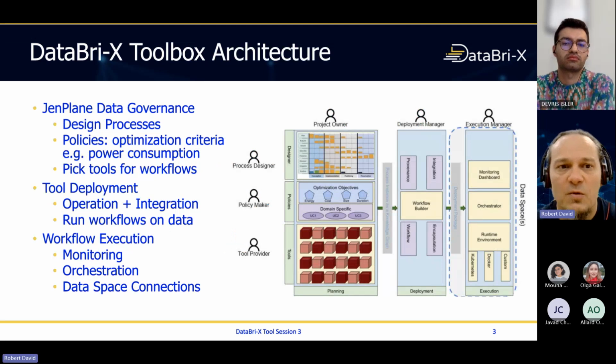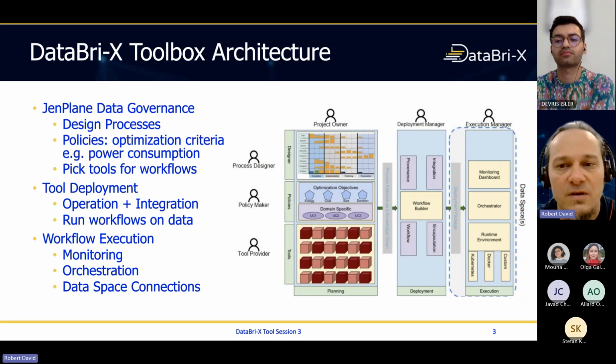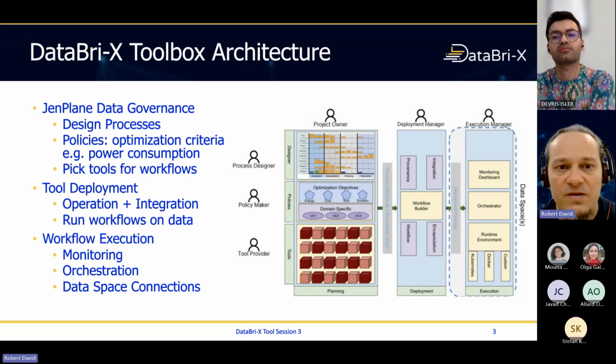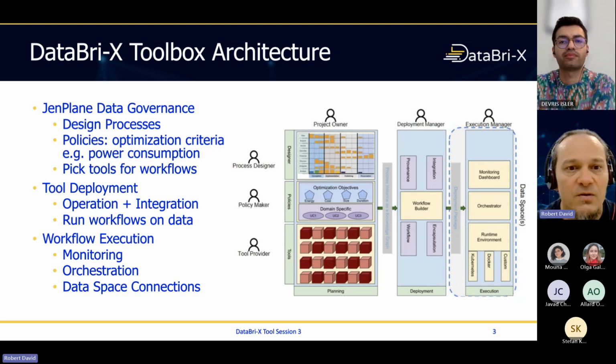So the DataBri-X toolbox architecture, first and foremost, is governed by a process and application called Champlain Data Governance, which can be used to design workflows that consist of tools that are assembled by Champlain, considering also this optimization criteria like the power consumption.